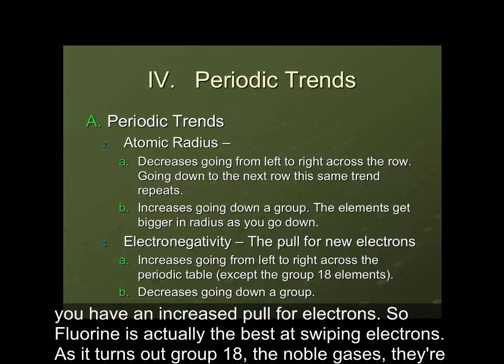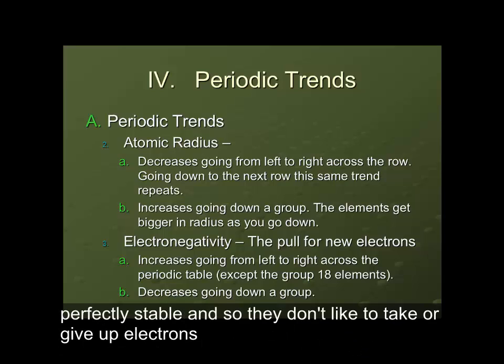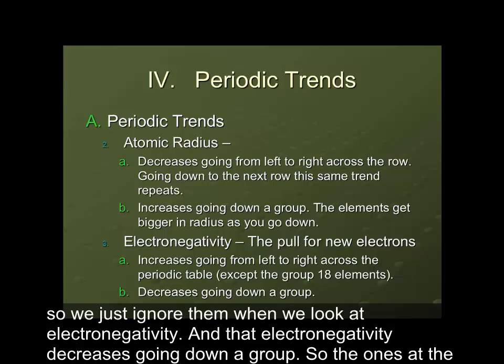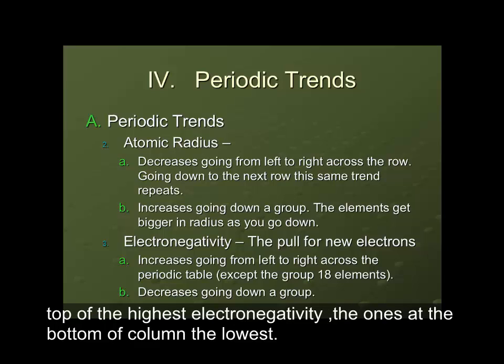As it turns out, group 18, the noble gases, they're perfectly stable, and so they don't like to take or give up electrons. So we just kind of ignore them when we look at electronegativity. And that electronegativity decreases going down a group. So the ones at the top have the highest electronegativity, the ones at the bottom of a column, the lowest.